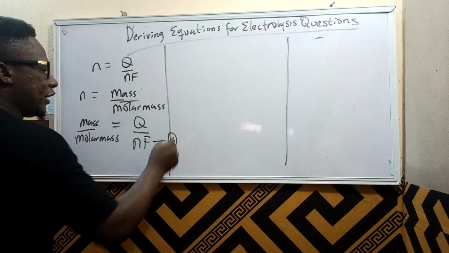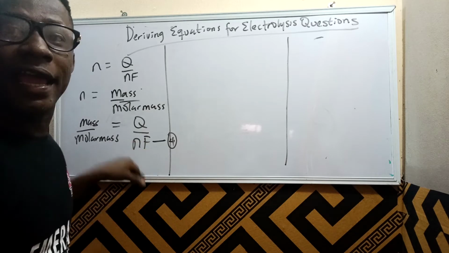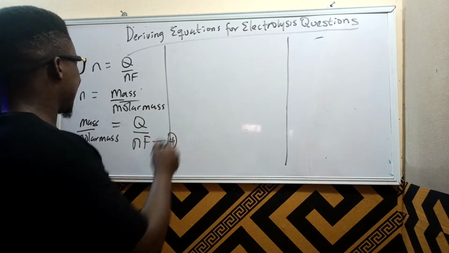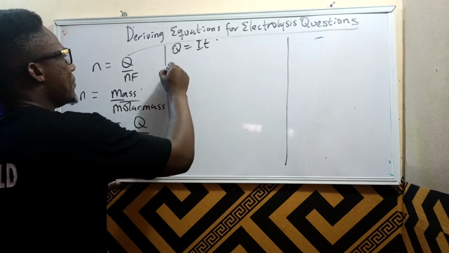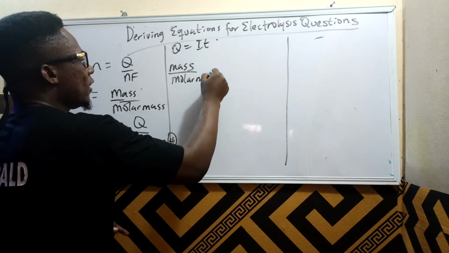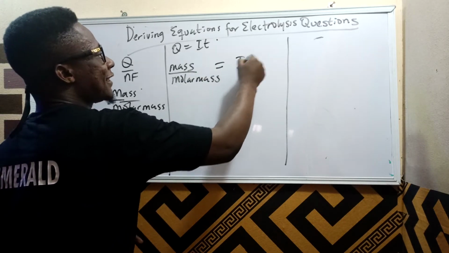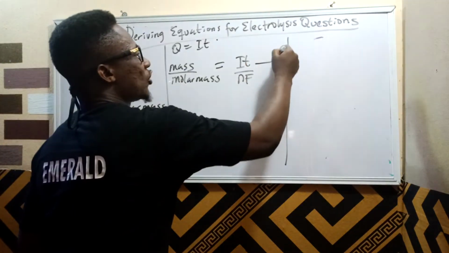Let's call this equation 4. Then, since Q is equal to IT, mass over molar mass is equal to IT over nF. Let's call this equation 5.